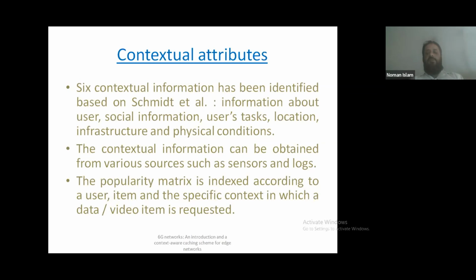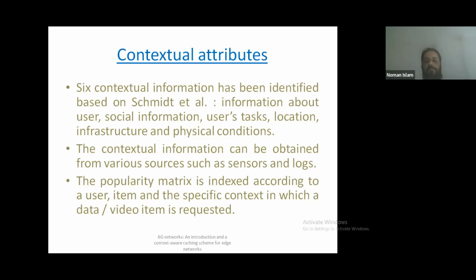The contextual information can be acquired from different sensors such as a proximity sensor, a temperature sensor, a location sensor. So all of these information can be used as a context.